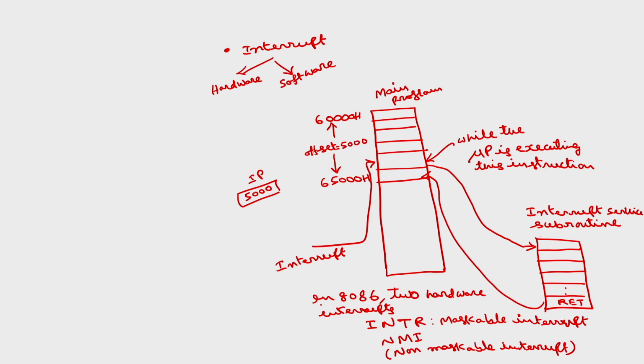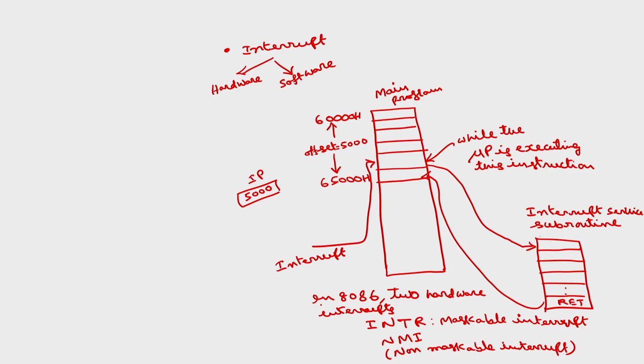What is meant by non-maskable and maskable? The non-maskable interrupt, as the name implies, cannot be disabled. It can be used to interrupt the microprocessor at any time, whereas INTR can be disabled by the programmer. Suppose the microprocessor is executing an emergency task in the main program itself, at that time it can disable INTR through some program, but NMI cannot be disabled.